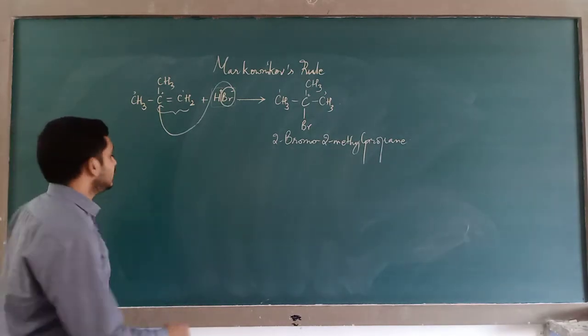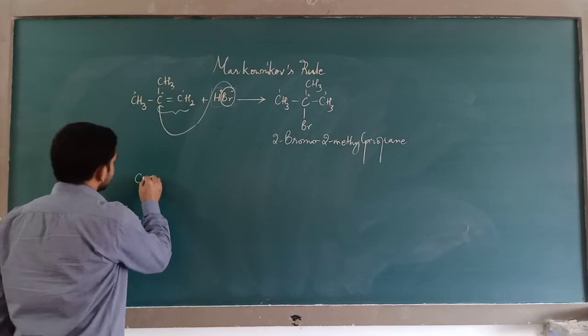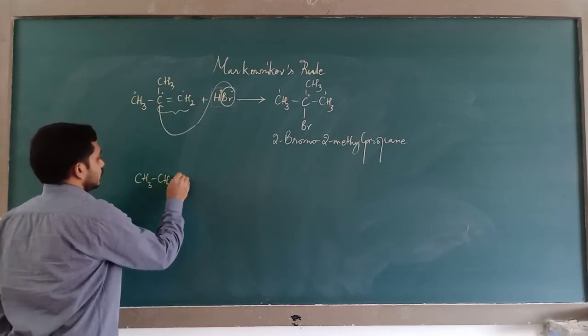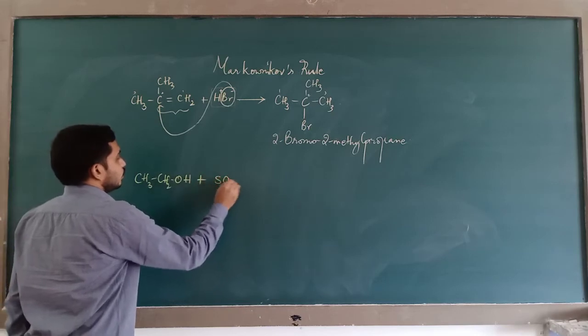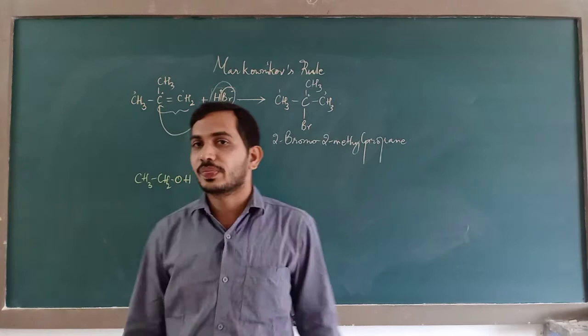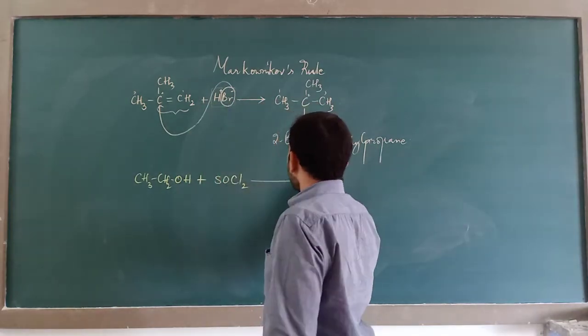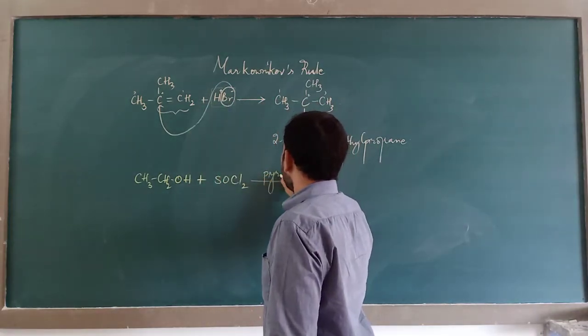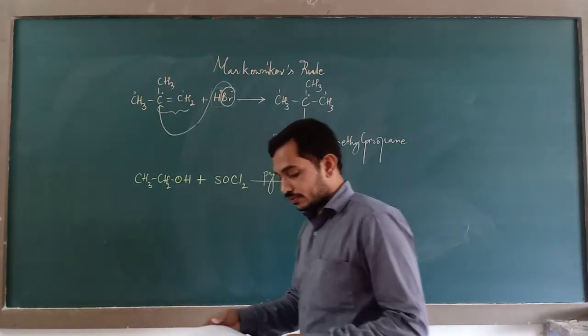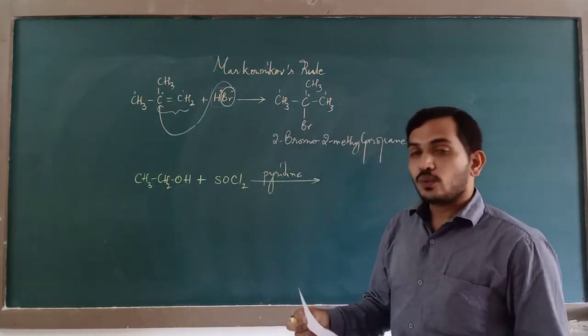If you do not forget, then let us see. It says when ethyl alcohol reacts with thionyl chloride. Thionyl chloride is SOCl2. This is reacted in the presence of pyridine. Then what is the product?